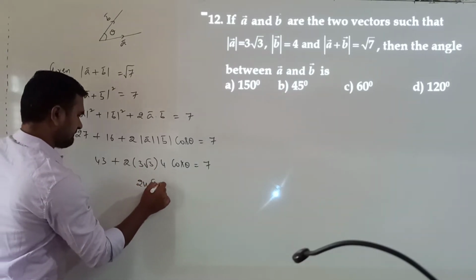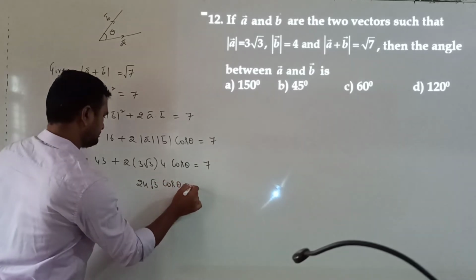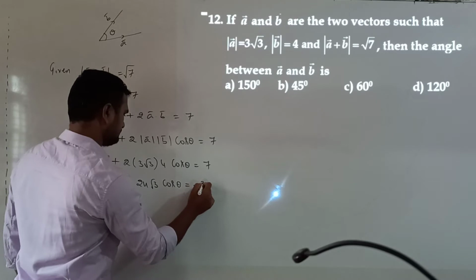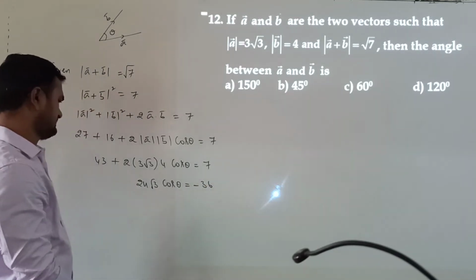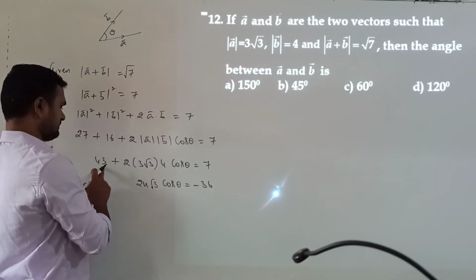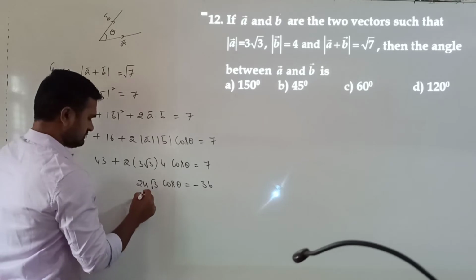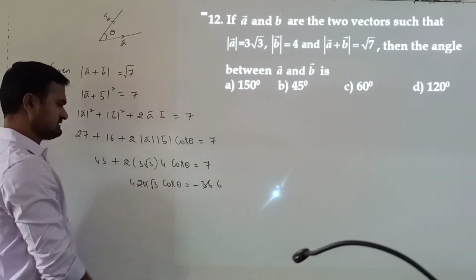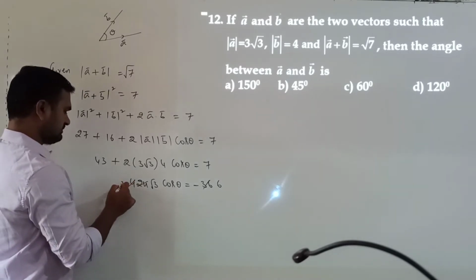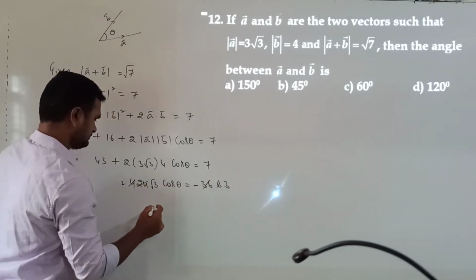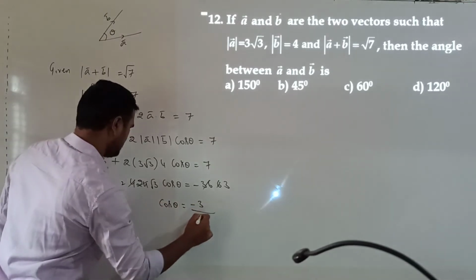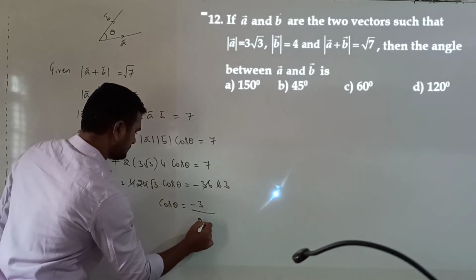So solving this, 24 root 3 cos theta is equal to, what will you get, minus 36, right? So 6 we can cancel, 6 times 6, 4s are 3, 2s are 3, 3s are. So cos theta is minus 3 by 2 root 3.